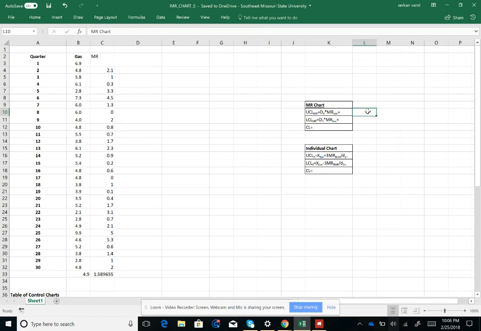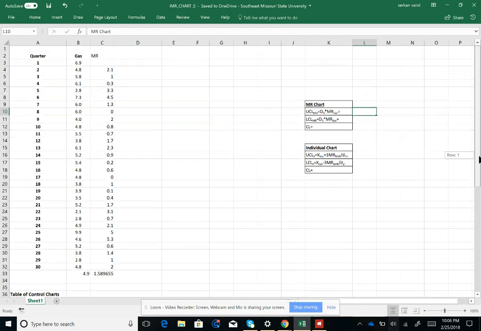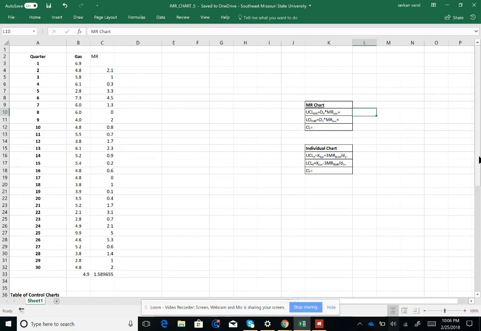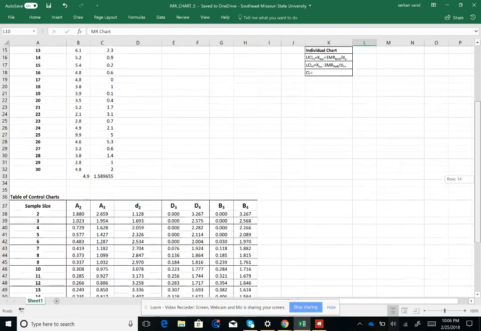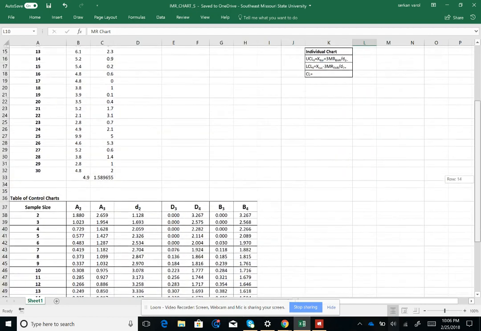Again, we want to look at the lookup table. All right, so n is always equal to what?